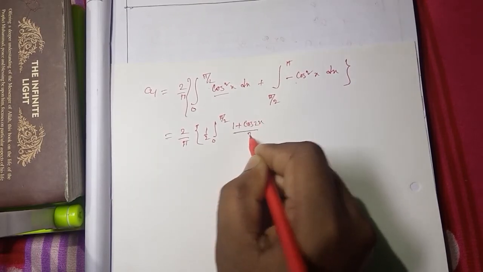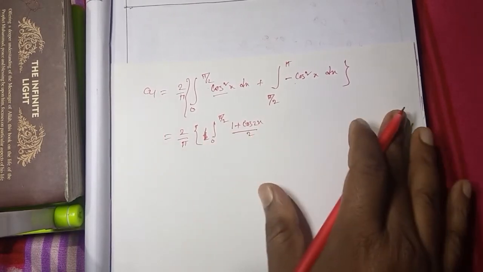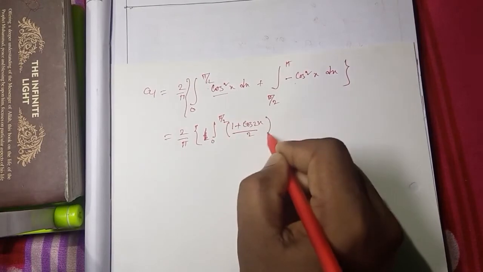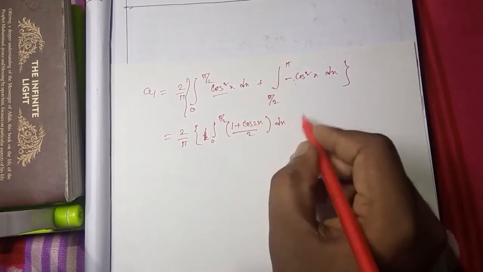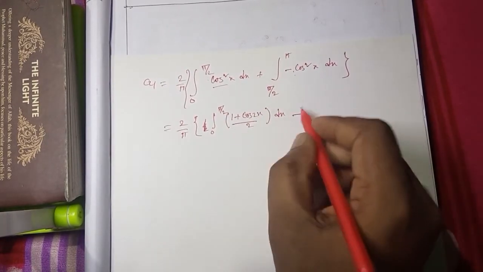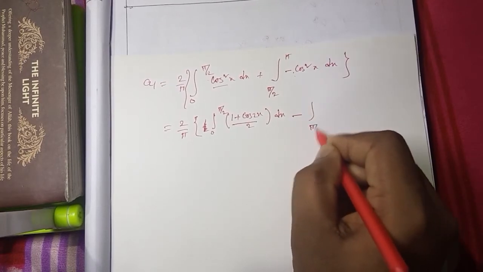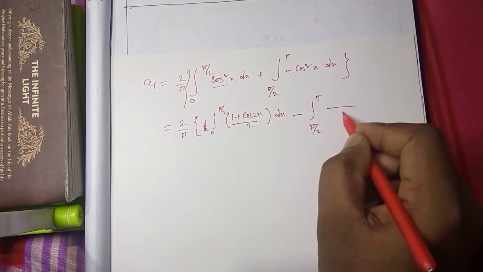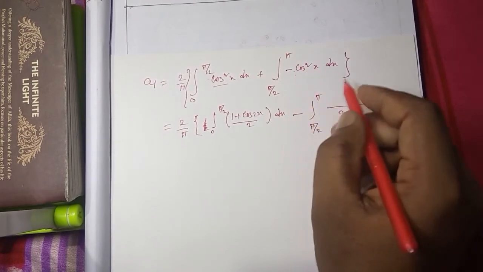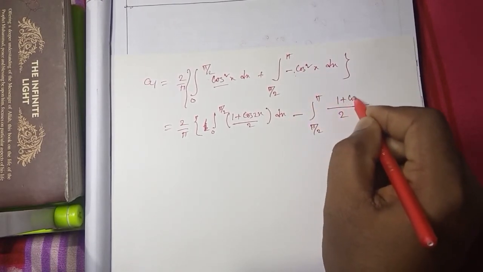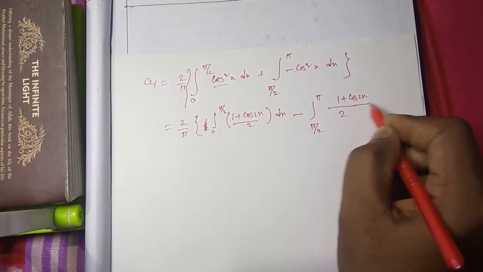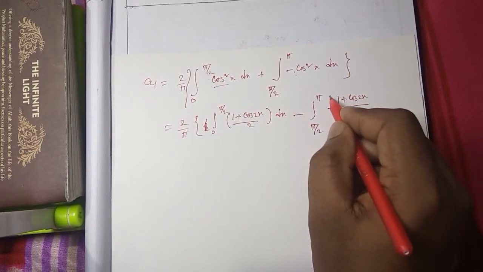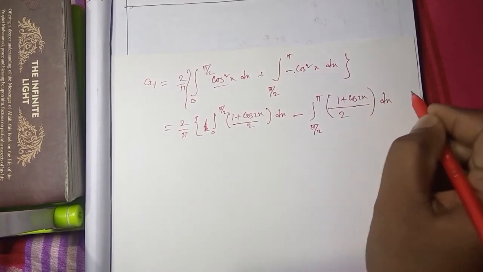Here we take common 1 by 2, then 2 cos square x gives 1 plus cos of 2x by 2, dx, plus minus integration pi by 2 to pi, 2 cos square x. If we take common 2, then 2 cos square x gives 1 plus cos of 2x dx.